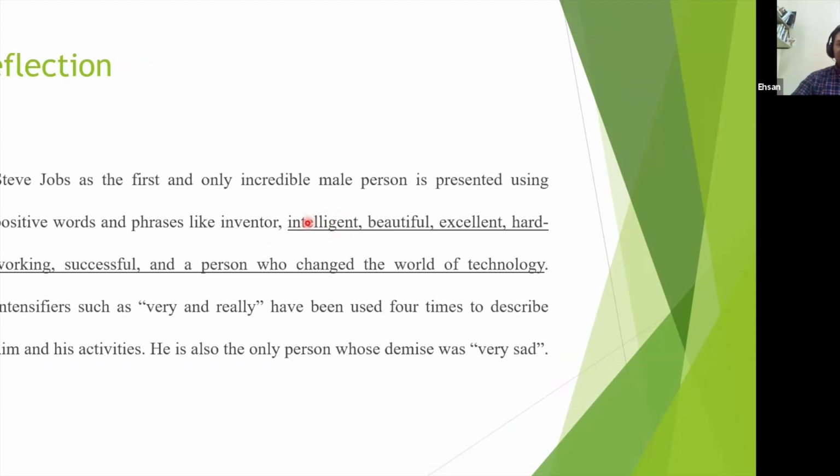Steve Jobs, as the first and only incredible male person, is presented using positive words and phrases like inventor, intelligent, beautiful, excellent, hardworking, successful, and a person who changed the world of technology. Intensifiers such as very and really have been used 4 times to describe him and his activities. He is also the only person whose demise was very sad, according to the text.